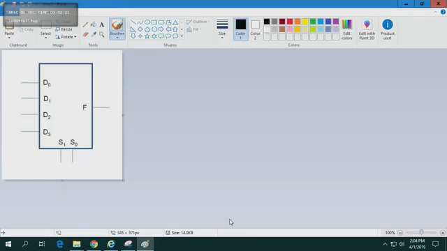Well, basically, they do the connection: which data line will connect to the output line. Now, have a look at this picture.